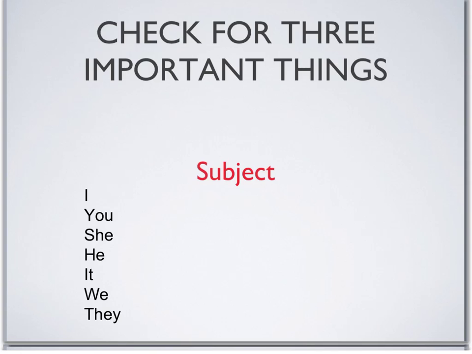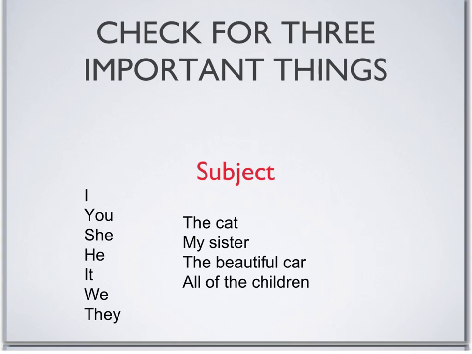The subject might be a pronoun, like I, you, she, he, it, we, or they. The subject might be a noun or a noun phrase, like these. A subject can even be a verb with ing, like these.